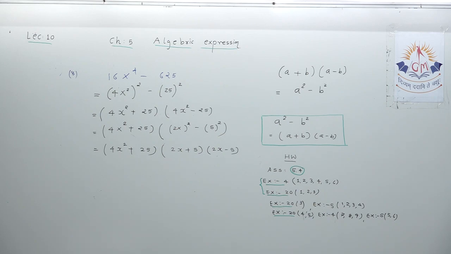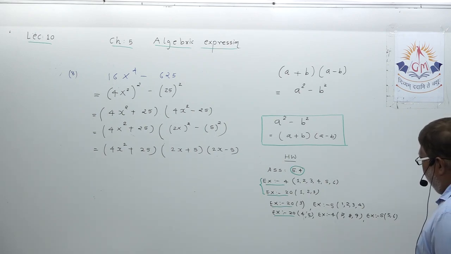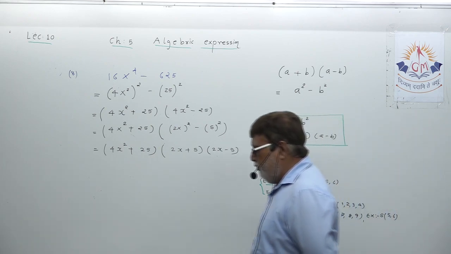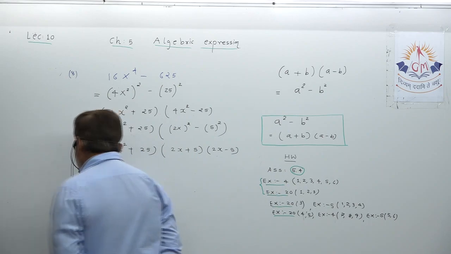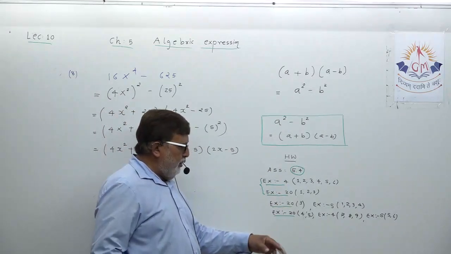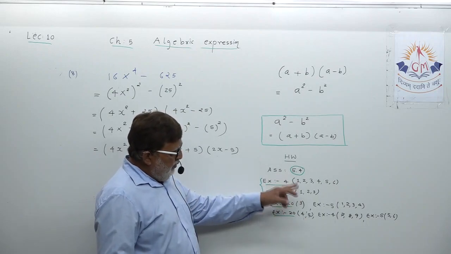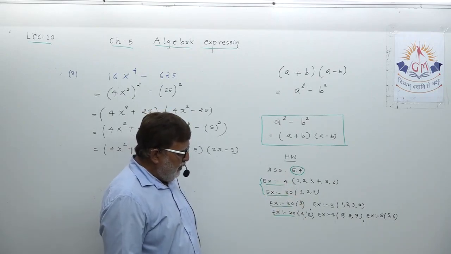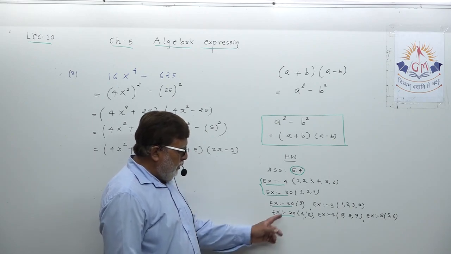First example 4, that's illustration. From that 1, 2, 3, 4, 5, 6. Then example 20, meaning illustration, 1, 2, 3. Then again from example 23. Then assignment 5.4, exercise example 5, in that 1, 2, 3, 4.